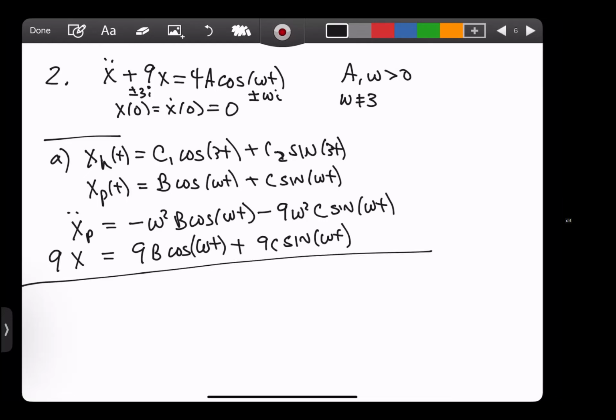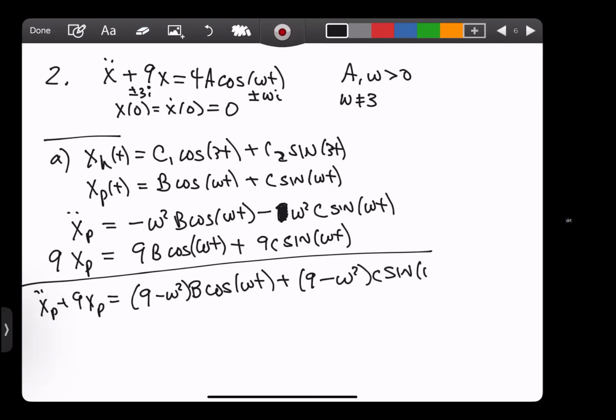And we're going to combine those together so that we get xp double dot plus 9xp is, and when we group these all together, we're going to get 9 minus omega squared b cos omega t plus 9 minus omega squared c sine of omega t.